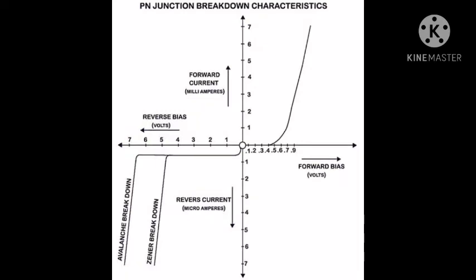This is the current voltage characteristics of a PN junction diode. Here you can clearly see in the reverse bias condition that the breakdown voltage for the avalanche breakdown is comparatively more than the breakdown voltage for the Zener diode.